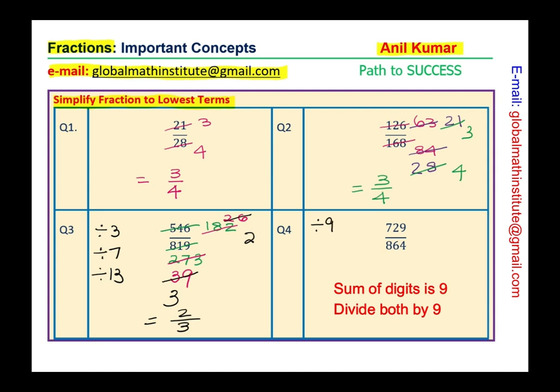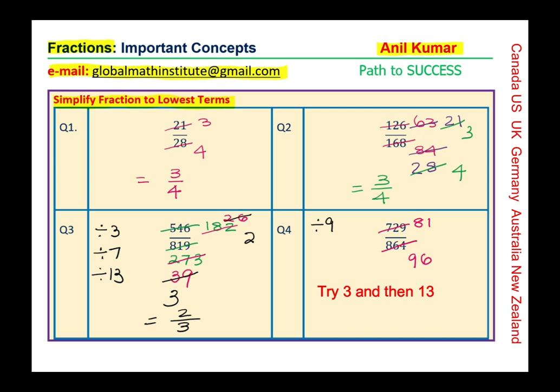Dividing by 9, what do I get? 9 times 8 is 72 and 9 times 9 is 81. In the denominator, 9 times 6 is 54, and 9 times 9 is 81. So we get 81 over 96.